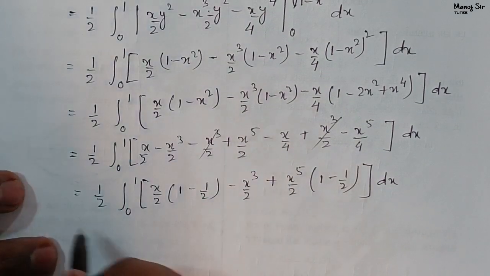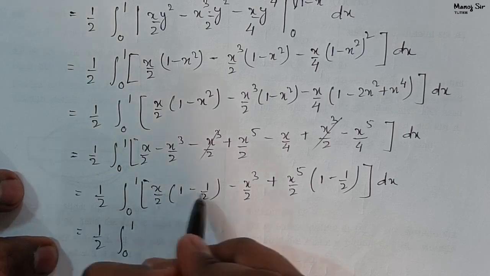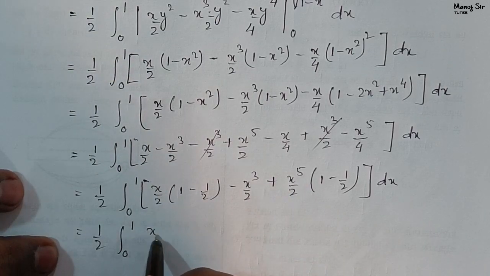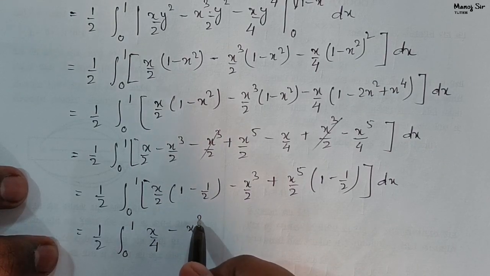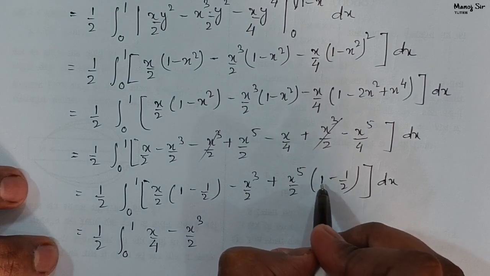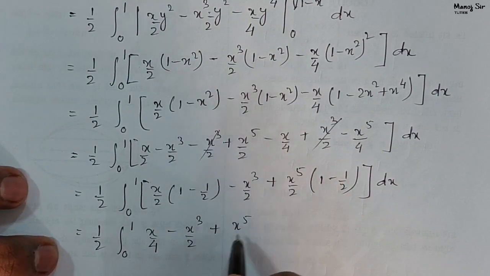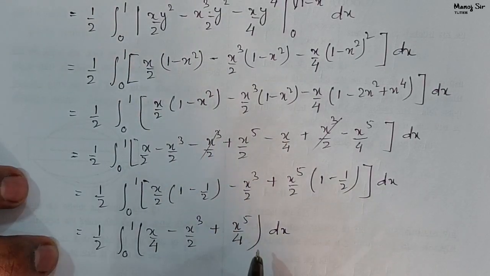So in the next step, this is half integration 0 to 1. Here 1 minus half is half, so half into x upon 2 is x upon 4. This is as it is, x cube upon 2. Here 1 minus half is half, and half into this will become plus x to the power 5 upon 4. Now we will integrate this with respect to x.